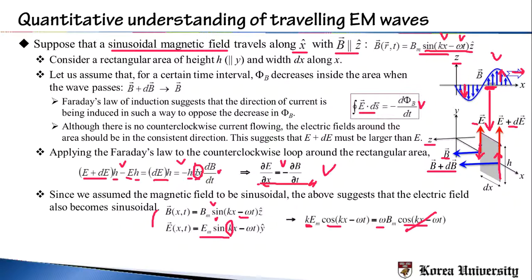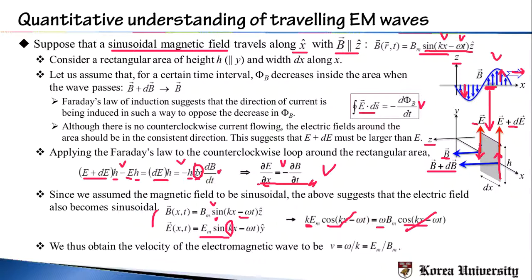So you can drop them, and finally, the ratio between omega and k is the velocity of the traveling wave, according to what we learned in the spring semester.